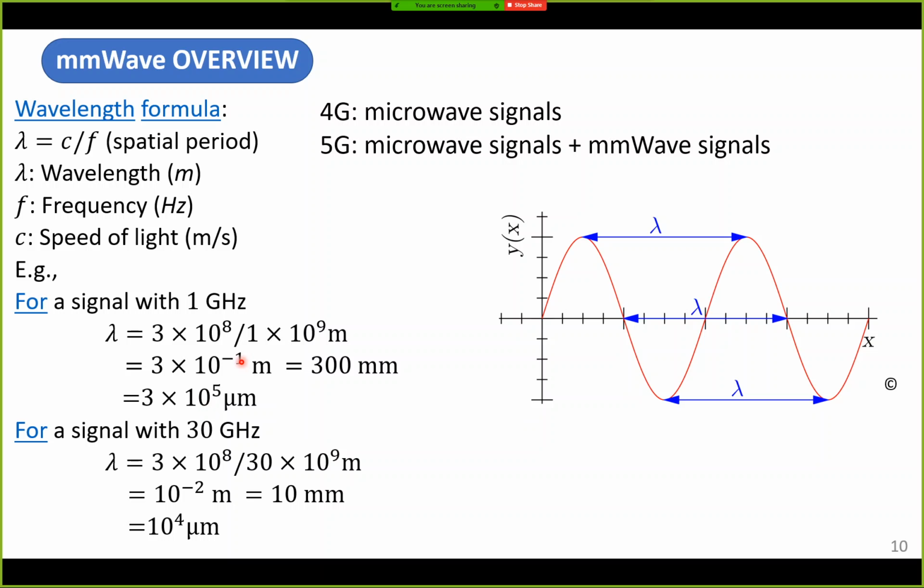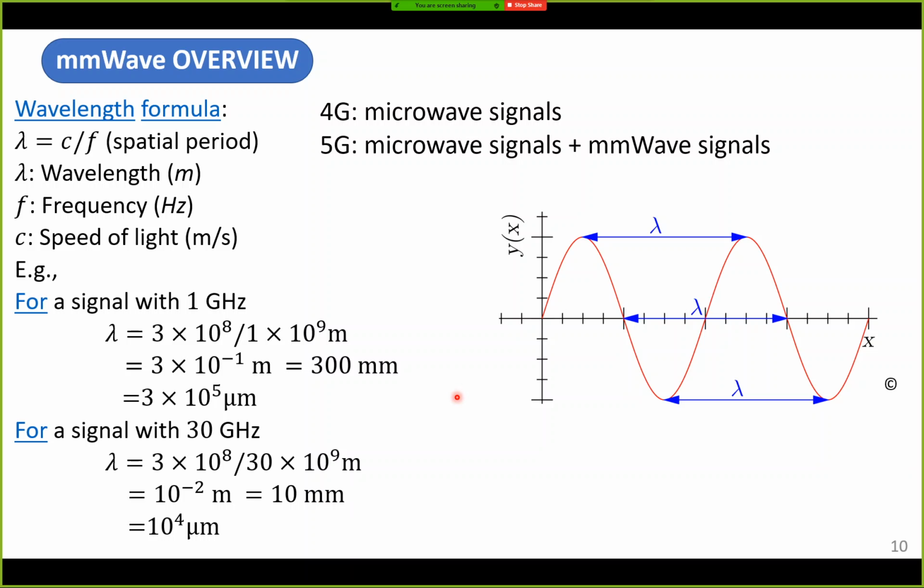You can also check online, people also discuss the same. If the wavelength is larger than 10 millimeters, it's called microwave, but if it is from 10 to 1 millimeter, it is called a millimeter wave.